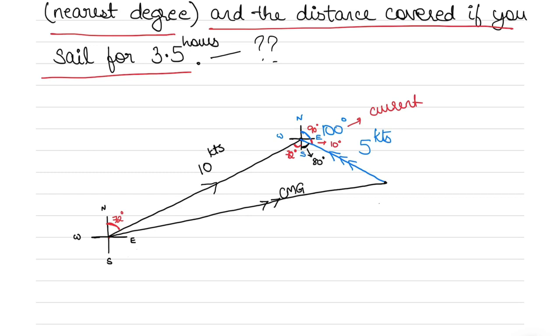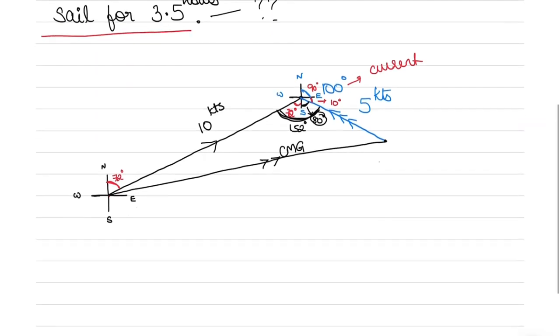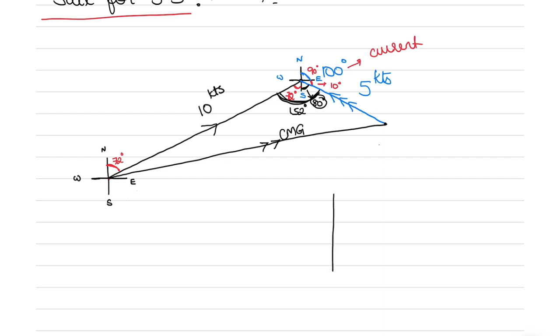The 10 degrees of that has already been used for the current, so the remaining 80 degrees between east to south is then forming this angle here, right? So we've got 72 degrees and 80 degrees. That means the total angle that I have measured here is 80 plus 72, which is 152 degrees.